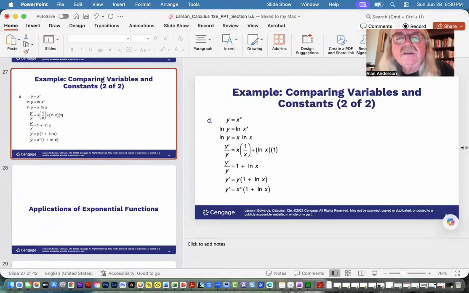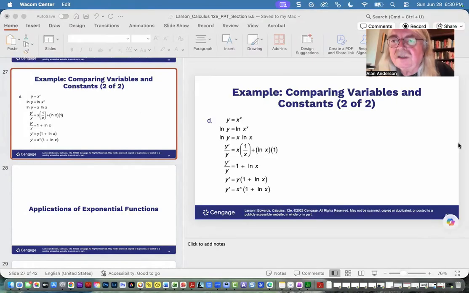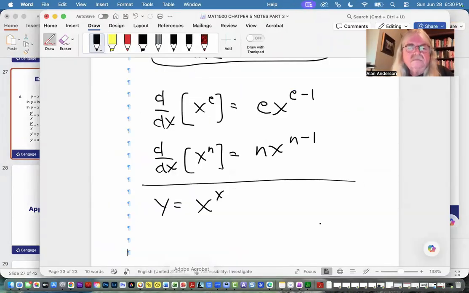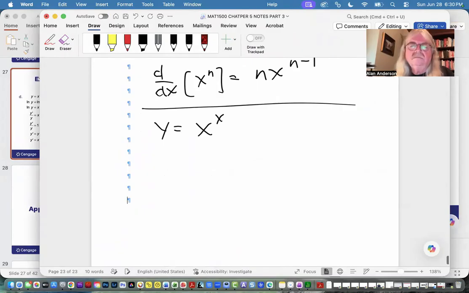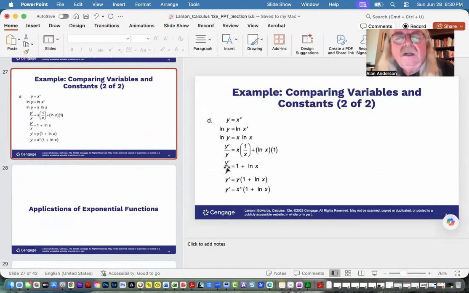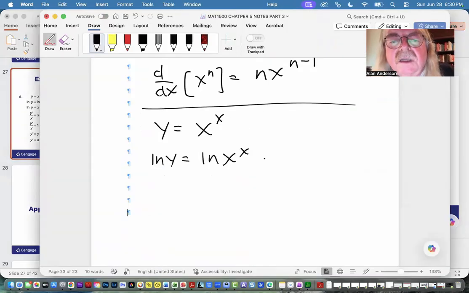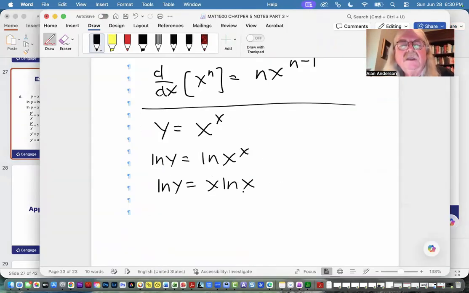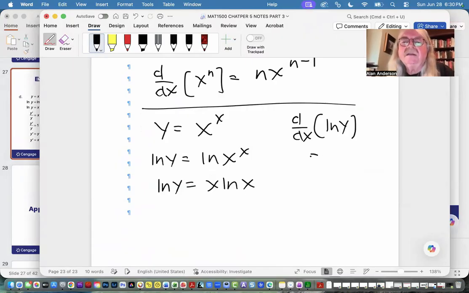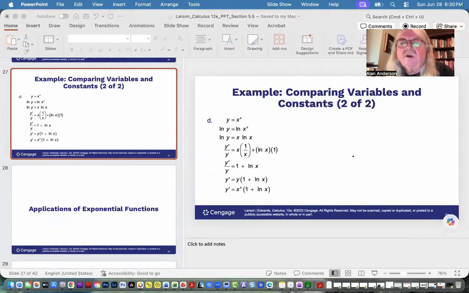So, what they're going to do is say, listen, first take the natural log of both sides. And then rewrite this. And now, when you differentiate log y, it ends up being y prime over y.